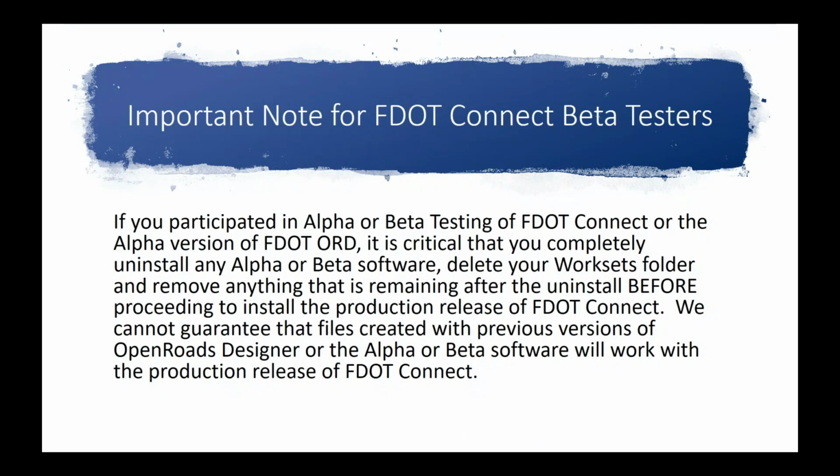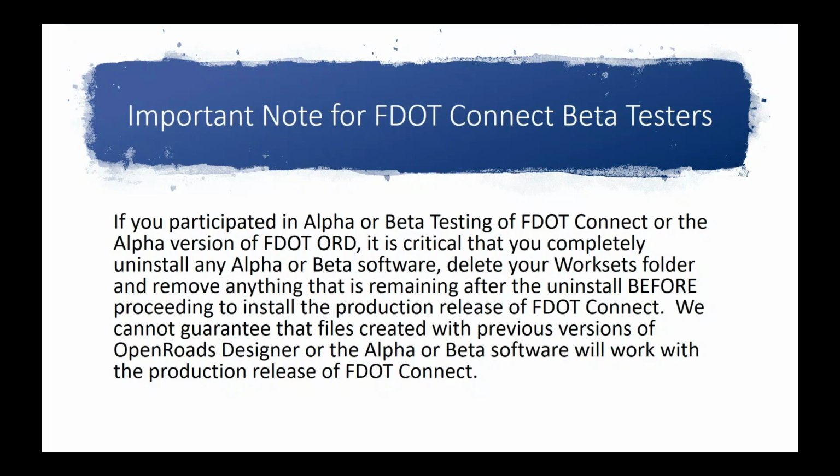And an important note: if you participated in the alpha or beta testing of FDOT Connect or the alpha version of FDOT ORD, which was the original name that we were using for the workspace, it is critical that you completely uninstall any alpha or beta software, delete your Worksets folder, and remove anything that is remaining after the uninstall before proceeding to install the production release of FDOT Connect.